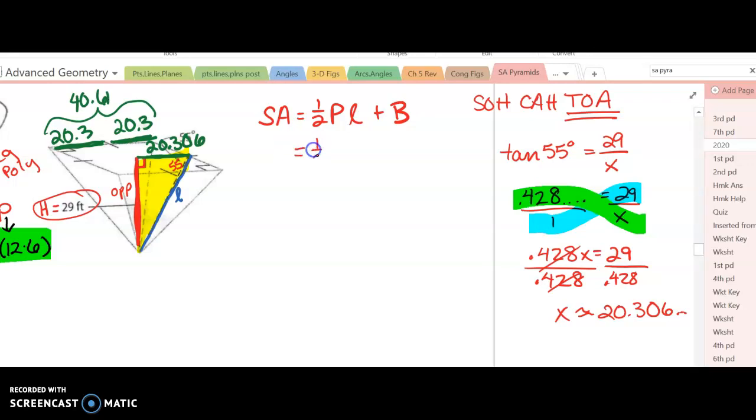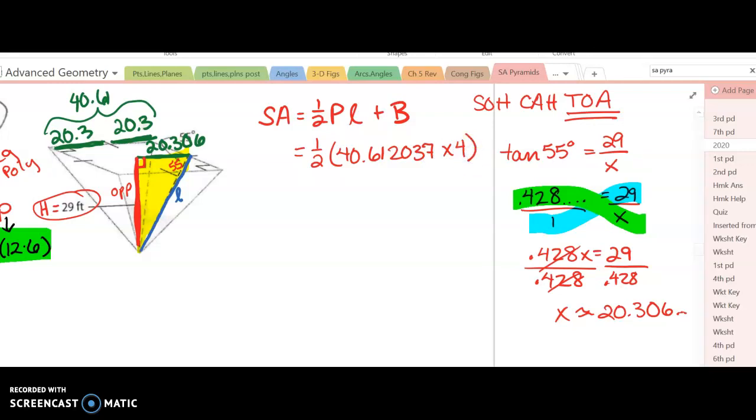So now that we know a whole side of this square is 40.61, we can go figure out our perimeter. So we have 1/2 times our perimeter, and keep in mind I'm using all the decimal places, 40.612037 times 4 sides to find the perimeter of the whole thing, right?